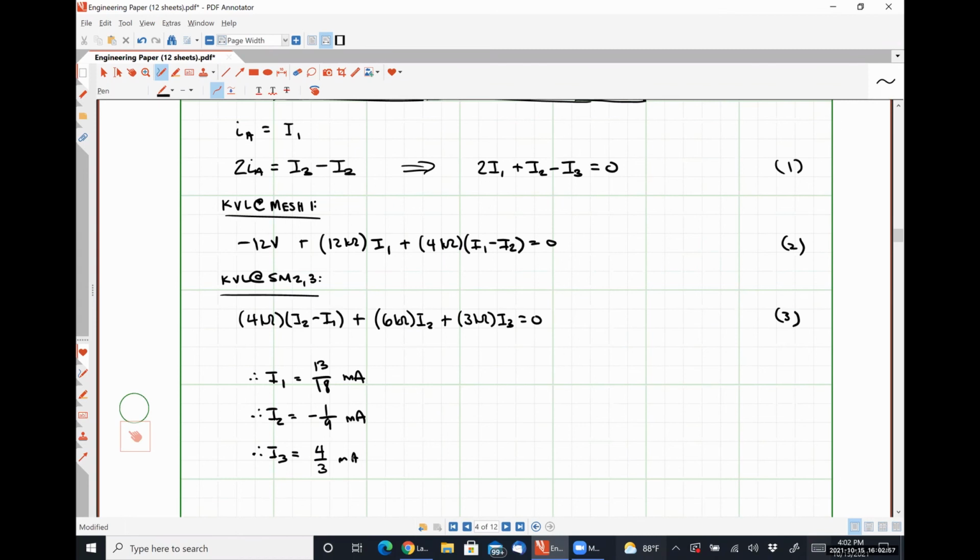All right. Okay. So now that we know what those 3 currents are, what is I north? Yeah, so 4/3 of a milliamp. I3.